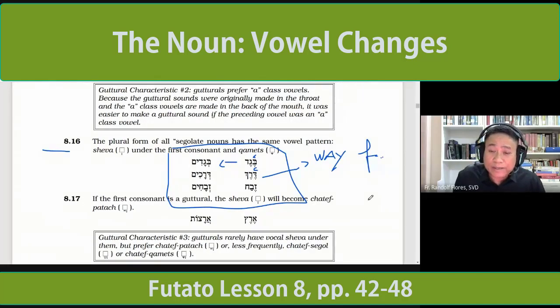Derekh is way, or conduct, moral conduct. And notice the plural, derakhim. Okay? Notice that. So, davar, devarim. Just remember that kind of formation. Davar, devarim. Or melekh, melakhim. That Propretonic reduction.